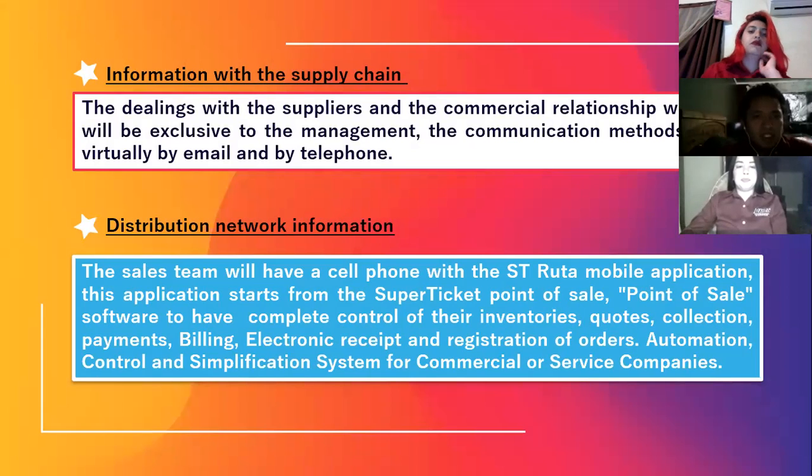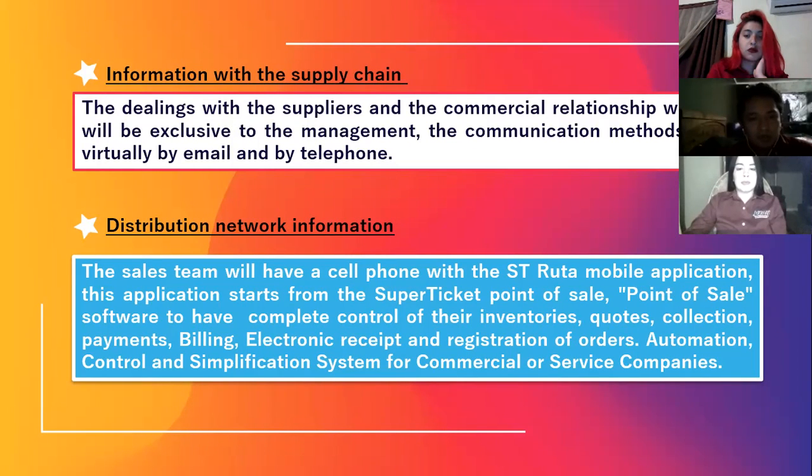Information with the supply chain. The dealings with the suppliers and the commercial relationship with them will be exclusive to the management. The communication method will be virtual, by email and by telephone. Distribution network information. The sales team will have a cell phone with the ST Route mobile application.